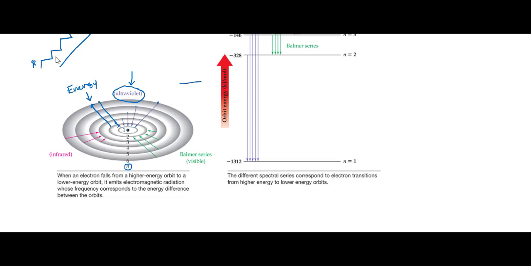The picture to the right takes some mental gymnastics the first time seeing this. But you can think about it this way: the distance the electron falls from a higher orbit energy to a lower one corresponds to the energy of the photon that gets emitted, or the frequency.